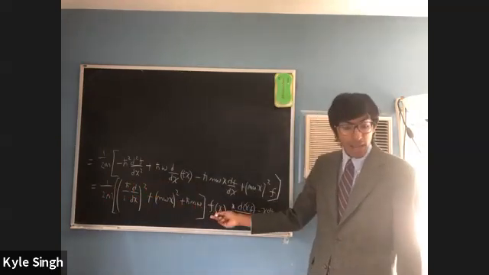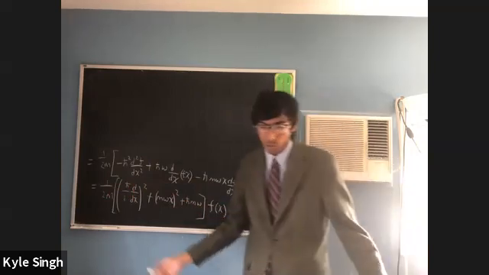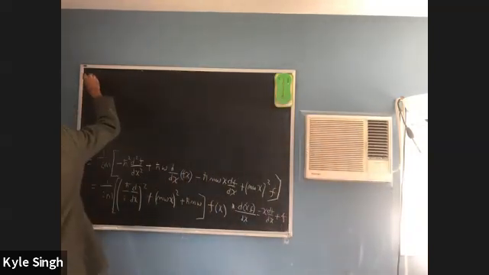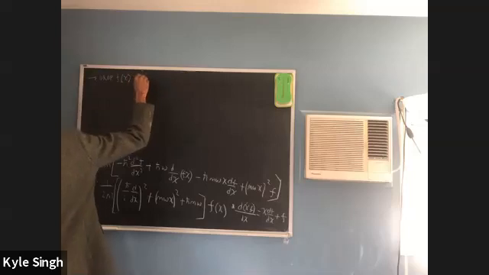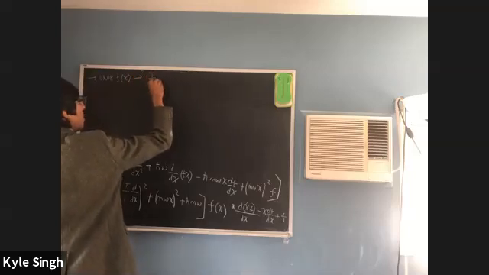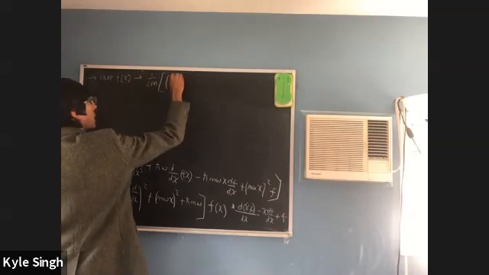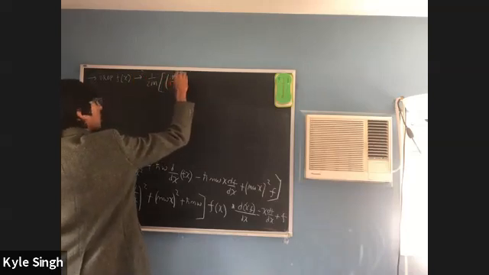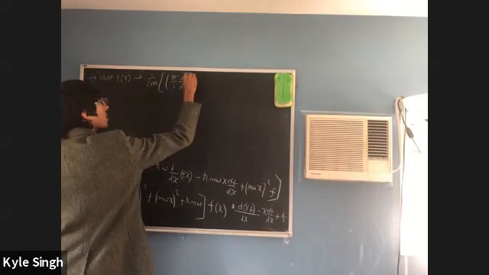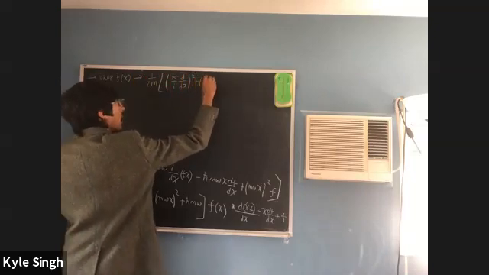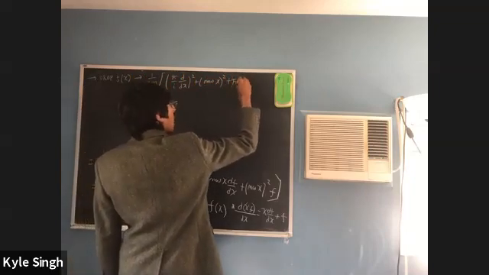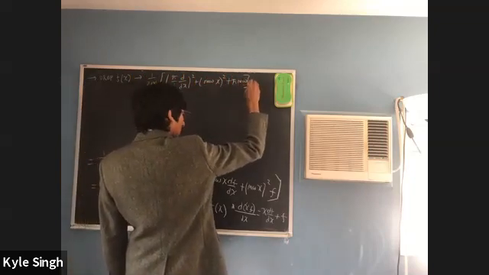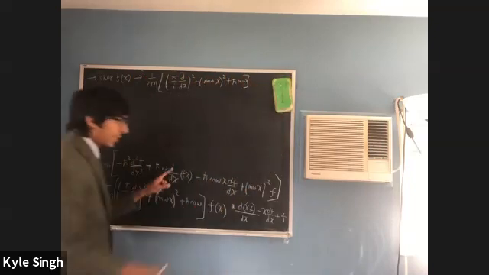So let's drop f of x, the test function, which we can do. What am I left with? I'm just left with 1 over 2m times h bar over i d/dx squared plus m omega x squared plus h bar m omega.